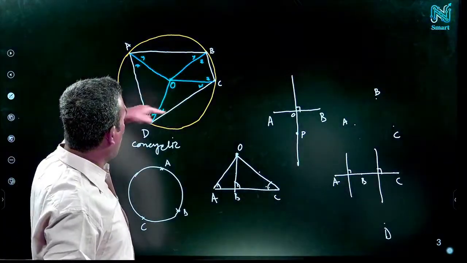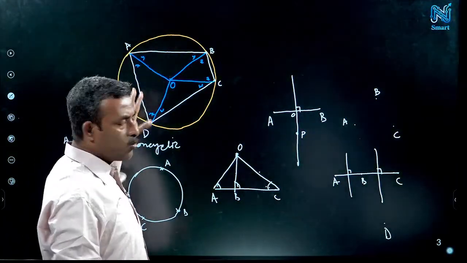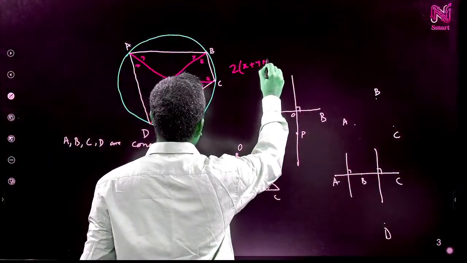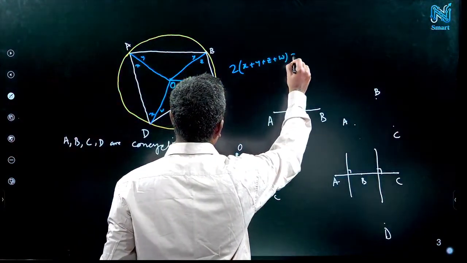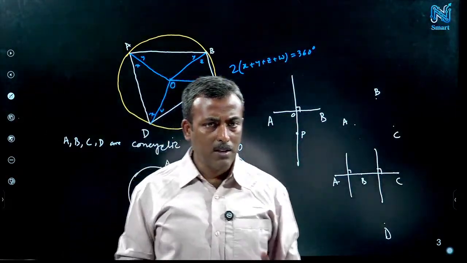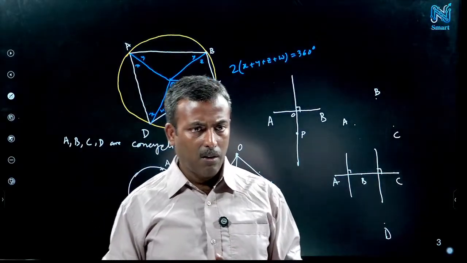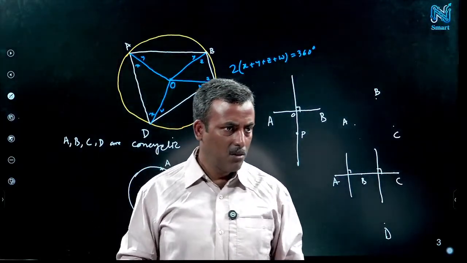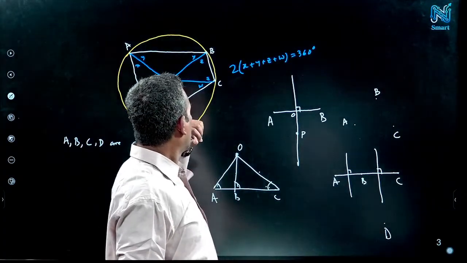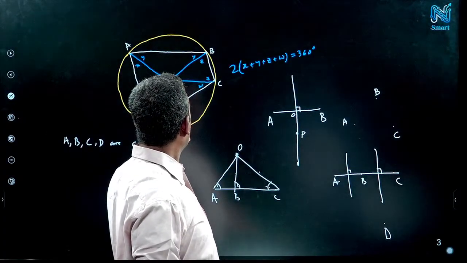If we add all 8 angles, 2 times (x plus y plus z plus w) is 360 degrees. We know the sum of all 4 angles of a quadrilateral is 360 degrees. So that means x plus y plus z plus w is 180.